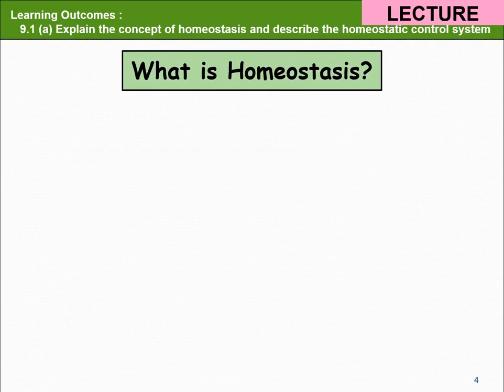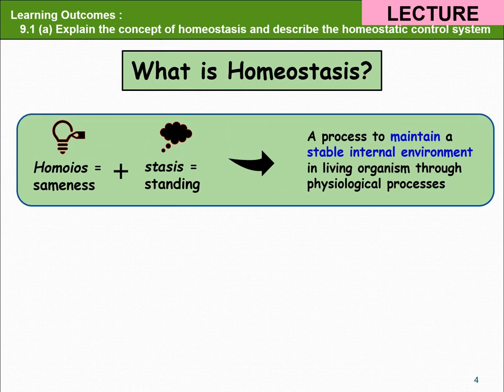Before we go any further, we should define what is homeostasis. Homeostasis came from 2 Greek words, homeos meaning sameness, stasis meaning standing. So we define homeostasis as a process to maintain a stable internal environment, for example, body temperature and blood glucose level in living organisms through physiological processes.